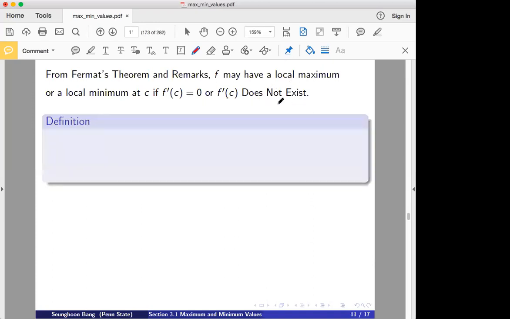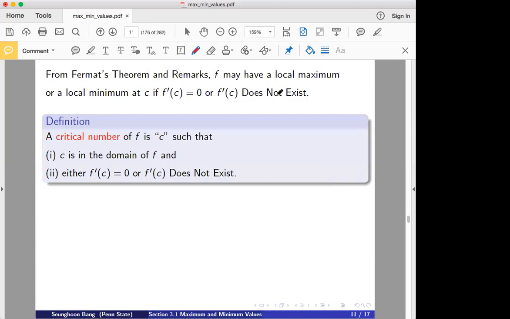We have two possible cases for finding local maximum and local minimum, so we need one definition of this kind of point. A critical number of f is c, such that c is in the domain of f, and either f prime of c equals 0 or f prime of c does not exist.